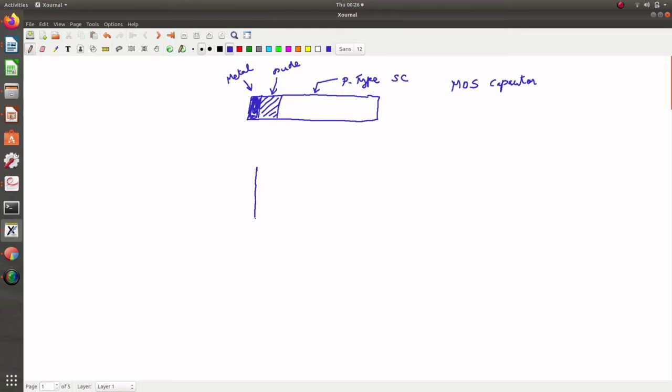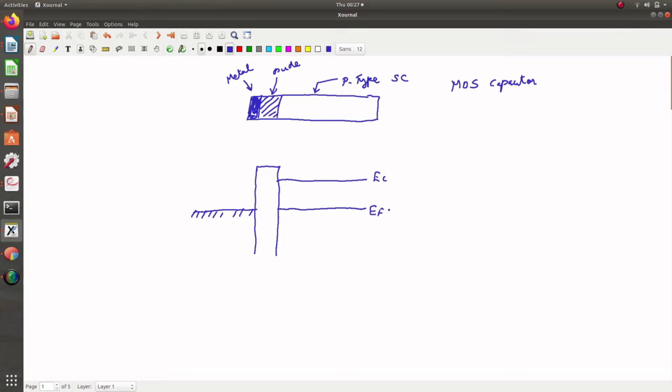If we just draw the band diagram, this is the oxide, this is the metal side, this is the Fermi level at the metal side. At equilibrium, we will have the Fermi level at the semiconductor side aligned to the Fermi level at the metal side, and we have the conduction band here.